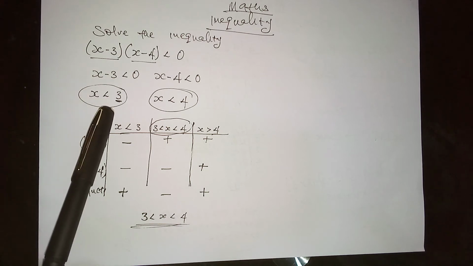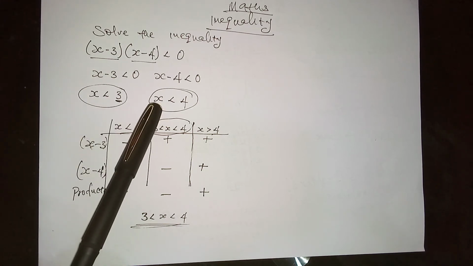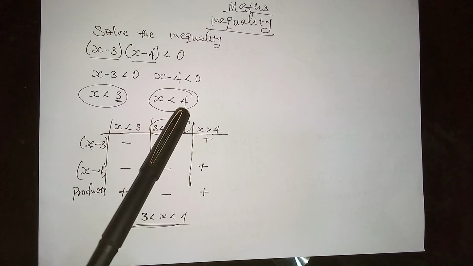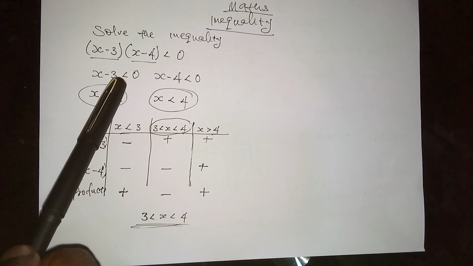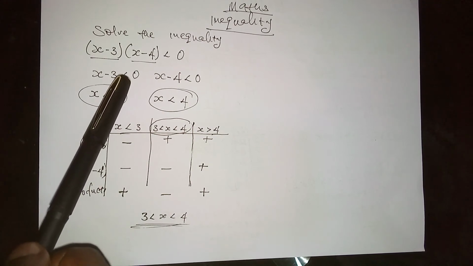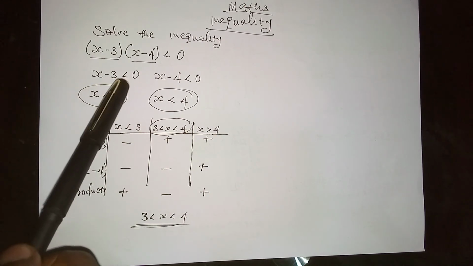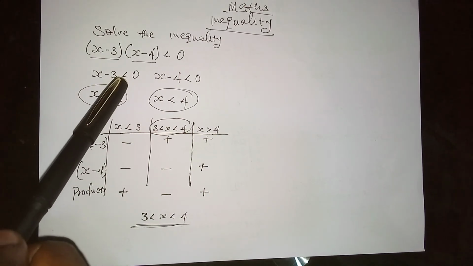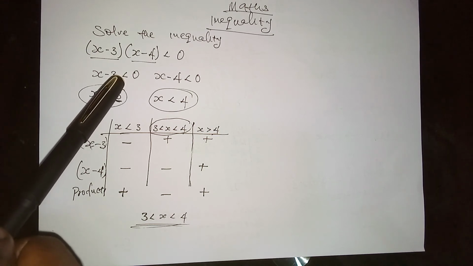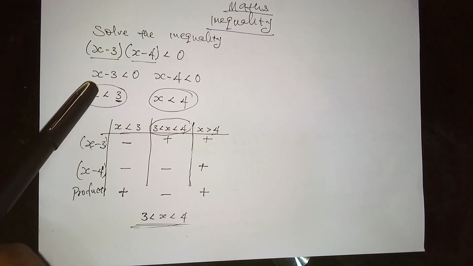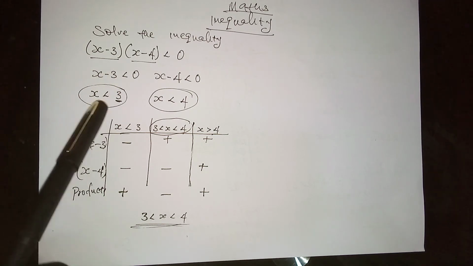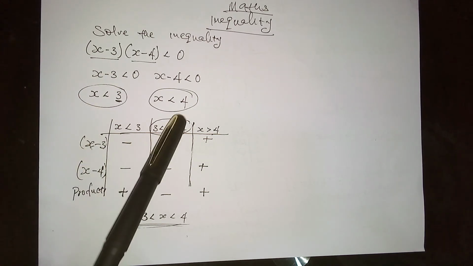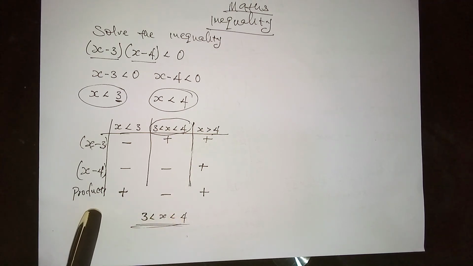This is x less than 3 and x less than 4, where the sign of inequality represents less than.